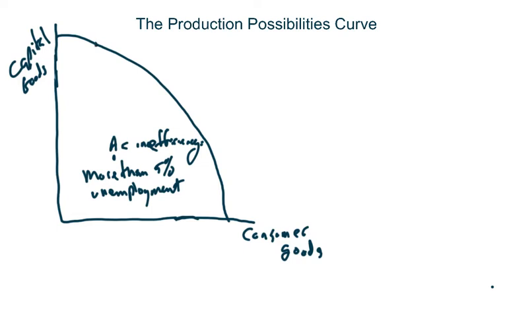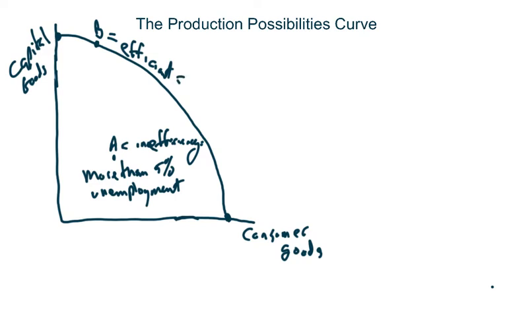If, however, that point were to be on any part of the curve, it could be all the way here in capital goods or all the way over here in consumer goods. It doesn't matter. Wherever that point is, as long as it's on the curve, it means we're being efficient. This means we're being very efficient.